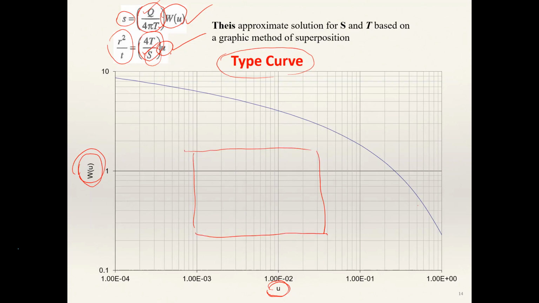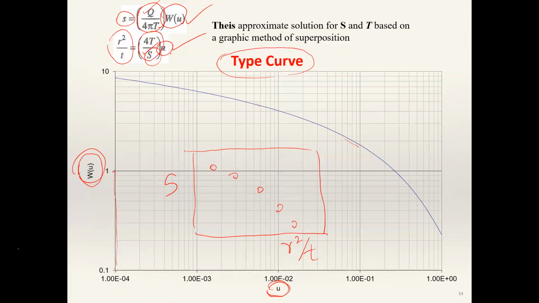Here it is r squared over T. Here it is s, to the same scale. It must be to the same scale. For example, from 0 to 1, this distance must be the same in here. So plot it like this. So you will have some observations like this. Then match this observation with this curve here so that you can find out the aquifer properties. That is what these recommend.